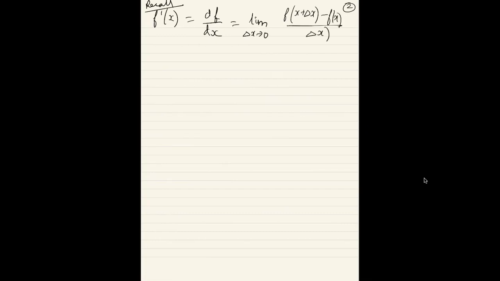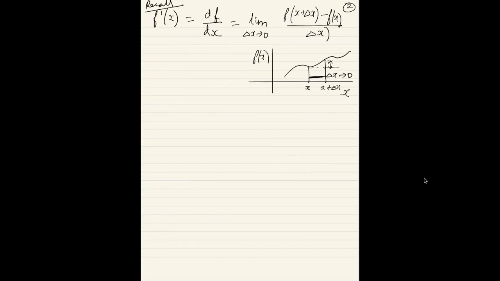So geometrically, what did this mean? Geometrically, we had a function of x. Let's say this function looked something like this. We went to some point x, then to some point x plus delta x. We looked at the difference of the function between these two points, and then let this delta x shrink to 0.